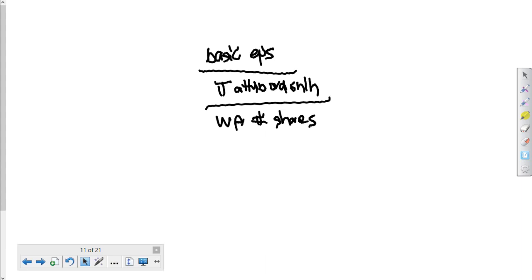Okay, so the first thing I need to talk to you about is this whole concept of weighted average. What does it mean if I say weighted average? And the principle behind that is that if I issue shares for money, I will only be able to buy assets once I receive that money, and it will only affect profit after that. Do you agree? And that's why we weight the number of shares.